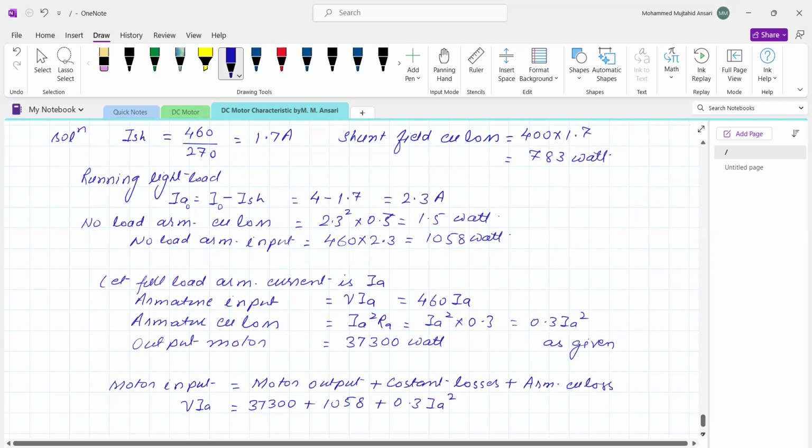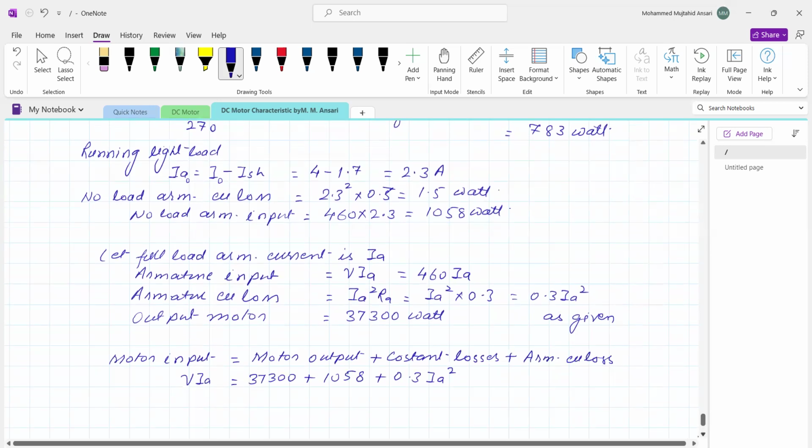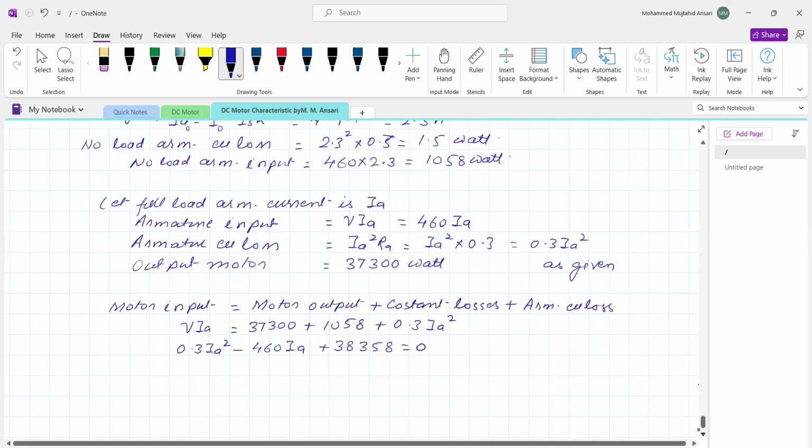Now if we rearrange the equation, then it is 0.3 Ia squared minus 460 Ia plus 38,358 equals 0.